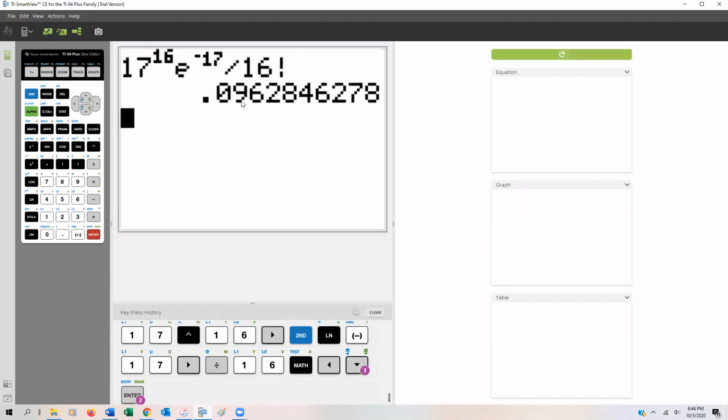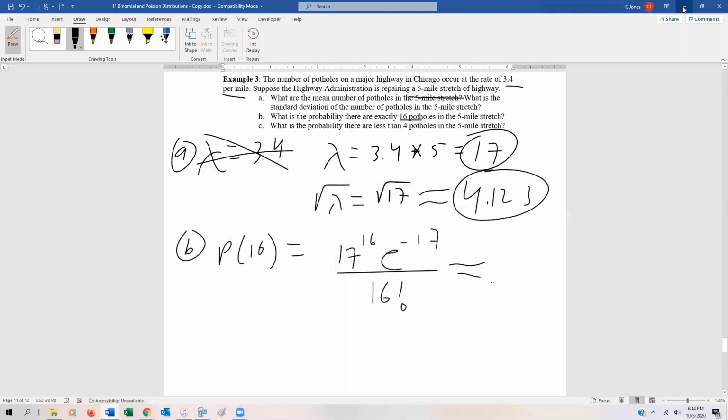And we get 0.0962. We'll just say 0.096, so about 9.6% probability.